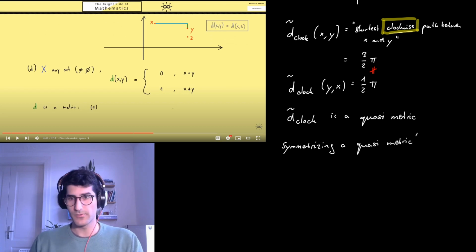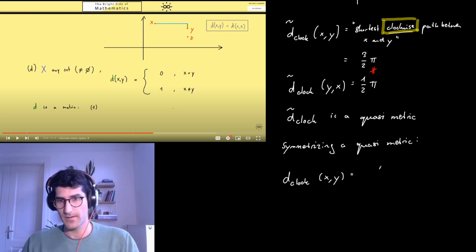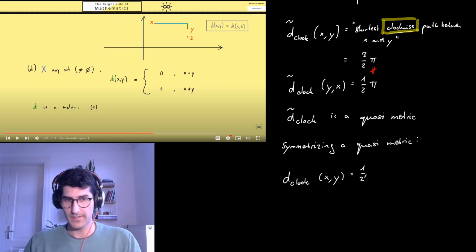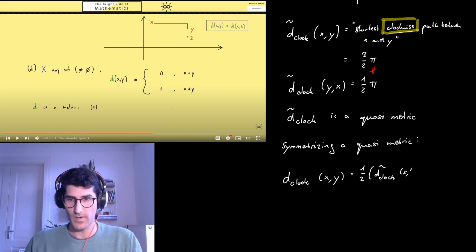One way to do this would be to define d-clock of x and y by the arithmetic mean of d-clock tilde of x and y plus d-clock tilde of y and x.